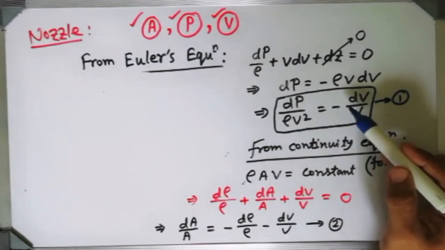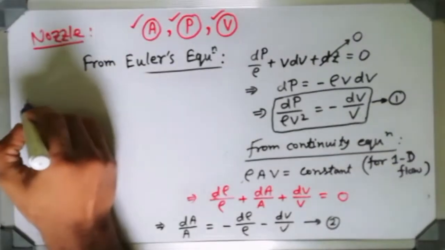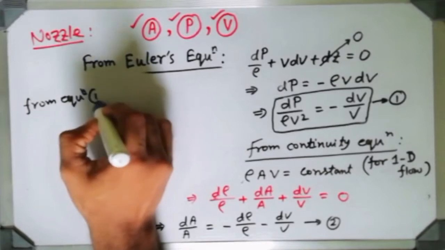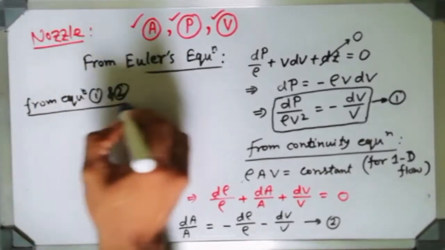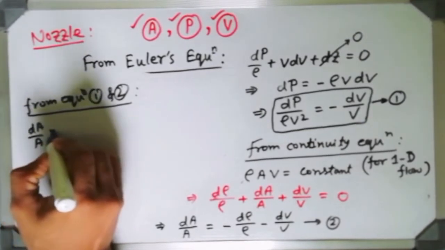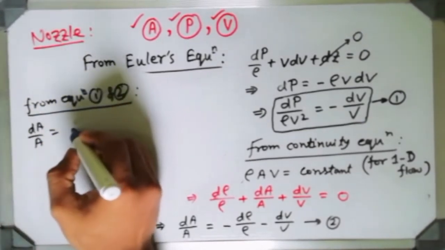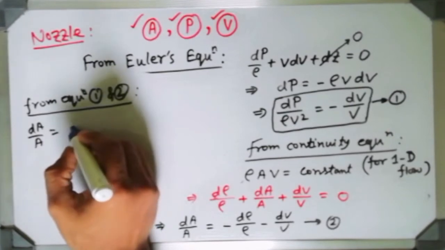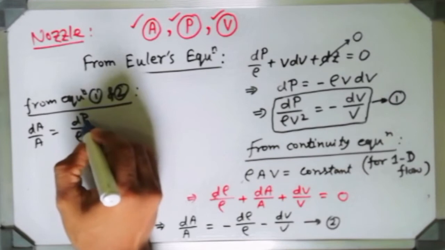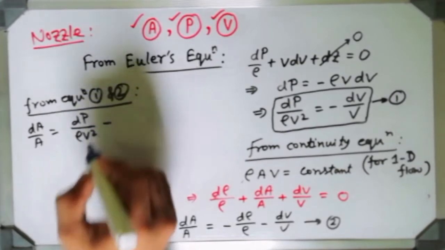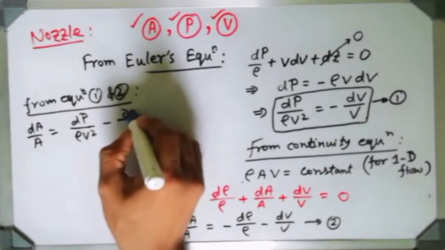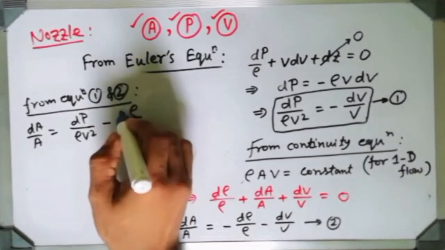If you substitute over there, so from equation 1 and 2, I can write like this: dA by A is equal to dP by rho V square, dP by rho V square. Mind it, P and rho should not look the same. dP by rho V square minus d rho by rho.